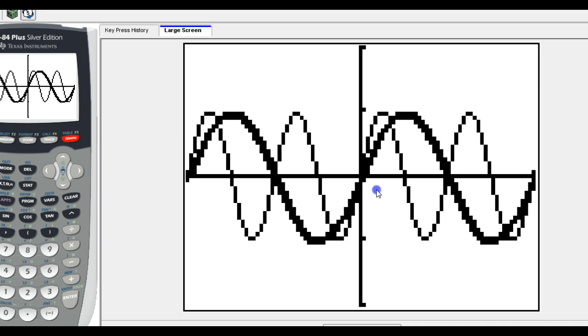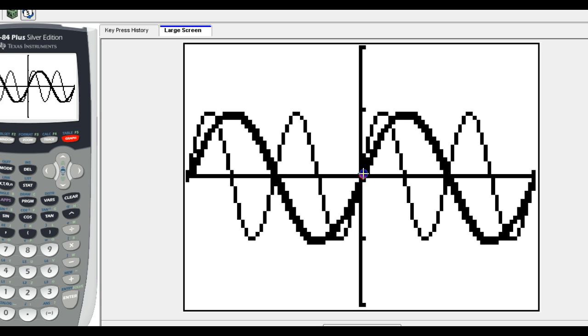By putting that 2 in there, it's causing the function to duplicate itself twice as fast. So you can get twice as many repetitions in the same space. As a result, look what happens to the period. The period was 2 pi. It had to go all the way from 0 to 2 pi before it started over again. But look what's happening now.